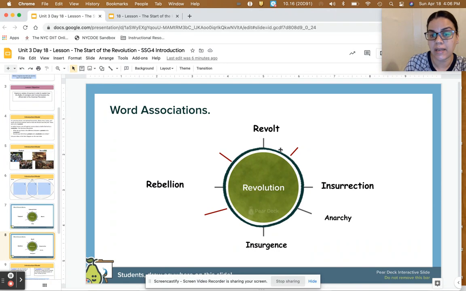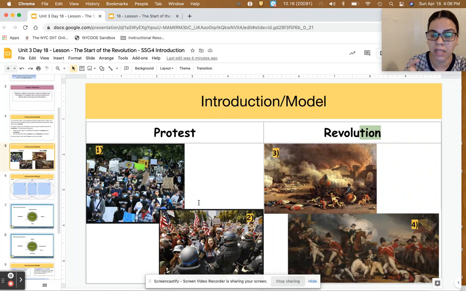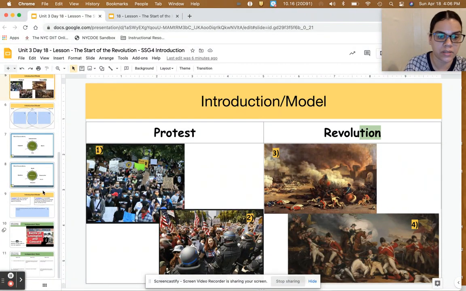And again, students can add other words that remind them of revolution. So again, this activity is for the purposes of building vocabulary and helping students think about the similarities and differences between protest and revolution, which is something that they're going to need to have an understanding of during the independent practice.